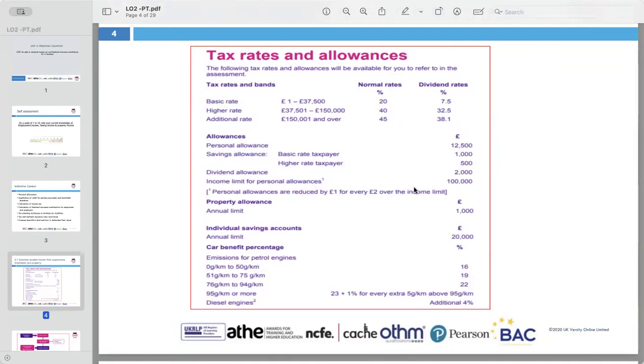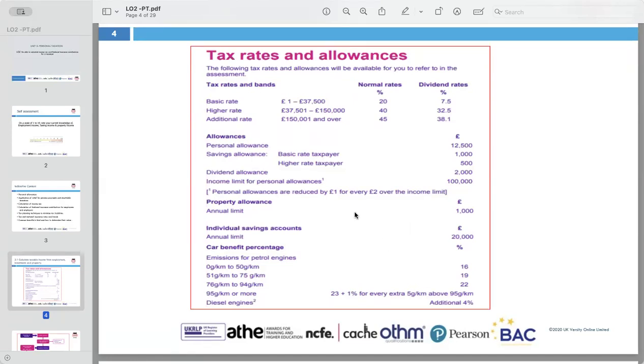Savings allowance is £1,000 for basic rate taxpayers and £500 for higher rate taxpayers. Dividend allowance of £2,000 is the tax-free amount for dividends. Income limit for personal allowance: if an individual's income exceeds a certain limit, their personal allowance may be reduced. This reduction is £1 for every £2 over the income limit.